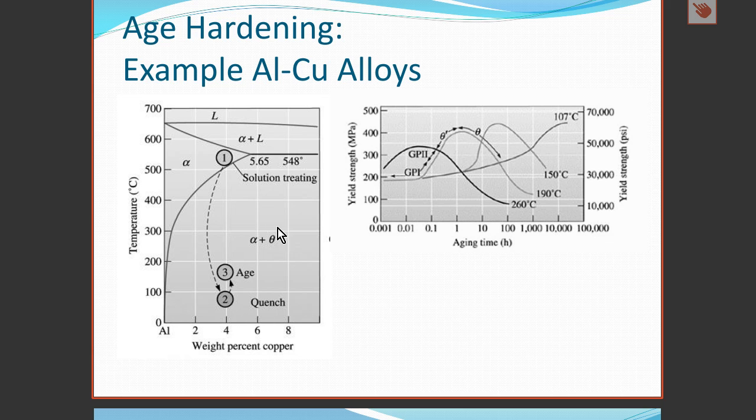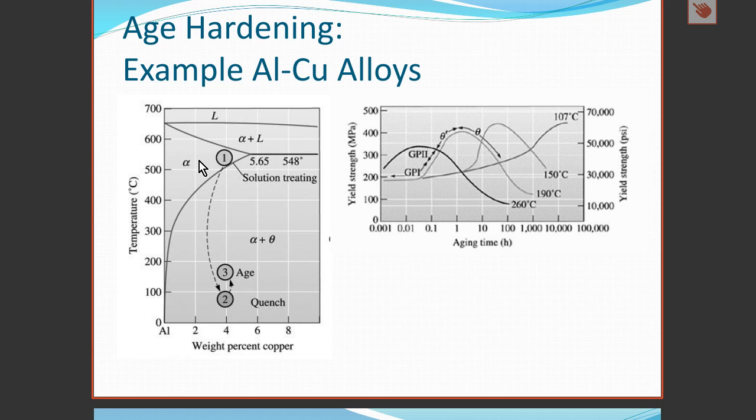We see that at room temperature it will be in a phase field that is multi-phase. We take the material as produced and we solution heat treat it. This means increasing its temperature until it is a single phase solid solution. This is shown here in step 1.